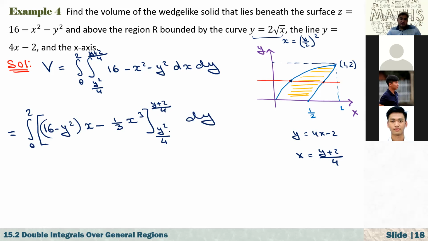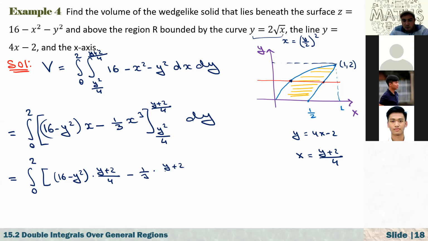So now if you substitute for x here, then we'll get equals integral from 0 to 2. The first part, here we have 16 minus y squared. What is x? x is y plus 2 over 4, times minus 1 over 3 times y plus 2 over 4 cubed. Okay, that's the first part. Minus, and how about the second part?